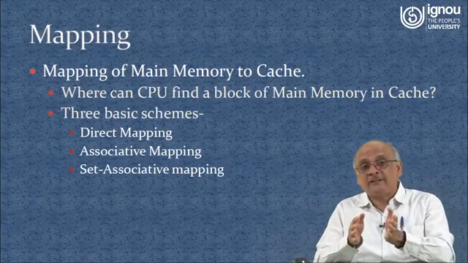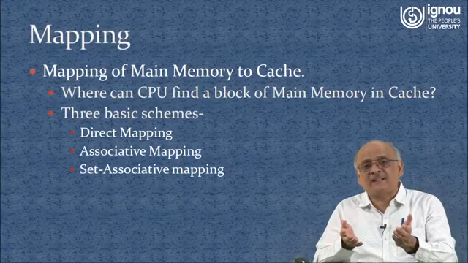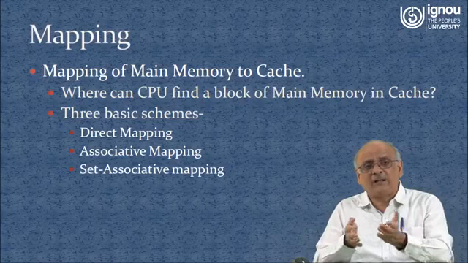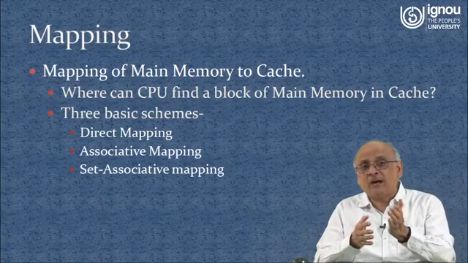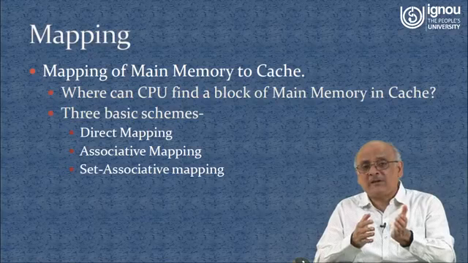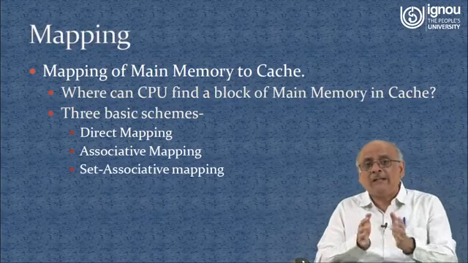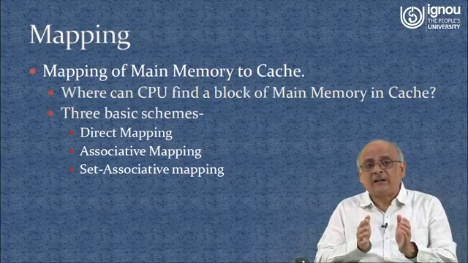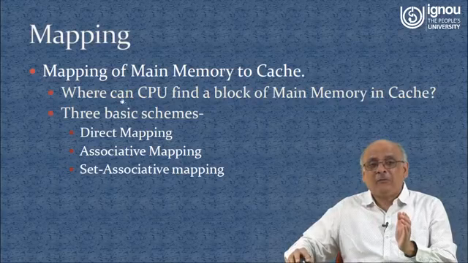But 8 GB, 6 GB, 12 GB, whereas cache has hardly MBs of size, 10 MB, 20 MB or 30, 40 MB depending on L1, L2, L3 caches. So the cache memory is small, and obviously we cannot store the entire content of main memory in cache. Only a part of the content will reside in cache. So where can the CPU find a block of main memory?